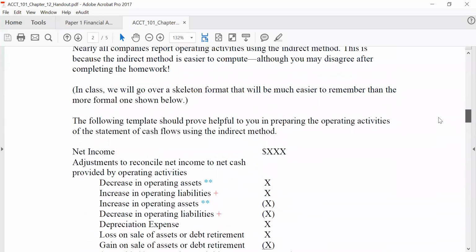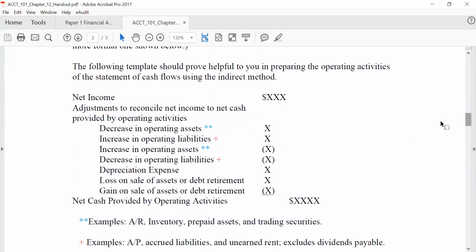So what we are seeing here is basically the indirect method. Now, let me demonstrate this in Excel for you.